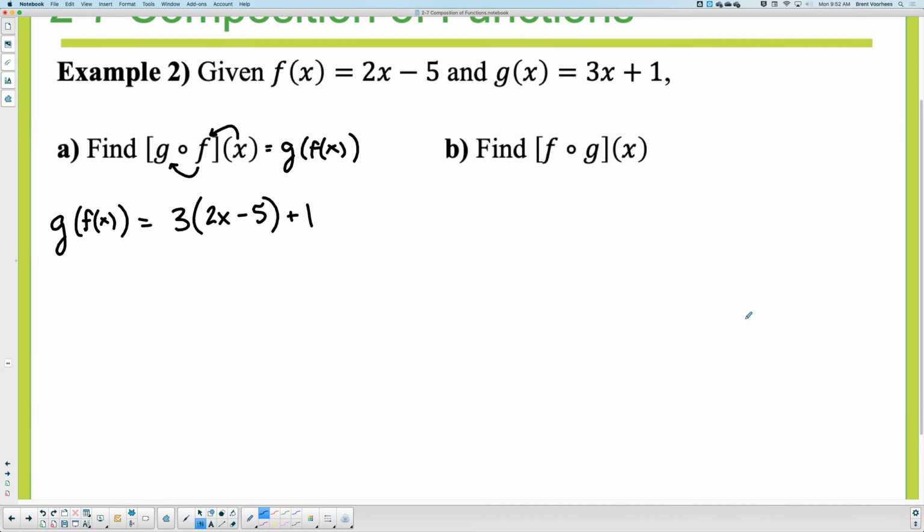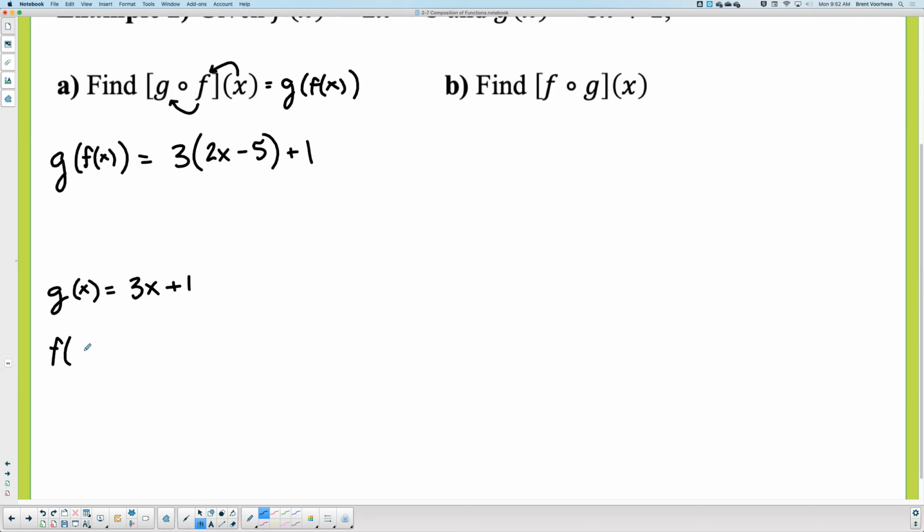A technique I like is to stack. I think sometimes it's easier to stack and see it this way: I will stack from the first down to the last function in that order. The reason I like this is because you can visually see it a little bit better. We're taking this entire equation and substituting it into x, because the idea is we want to stuff this f of x into x.